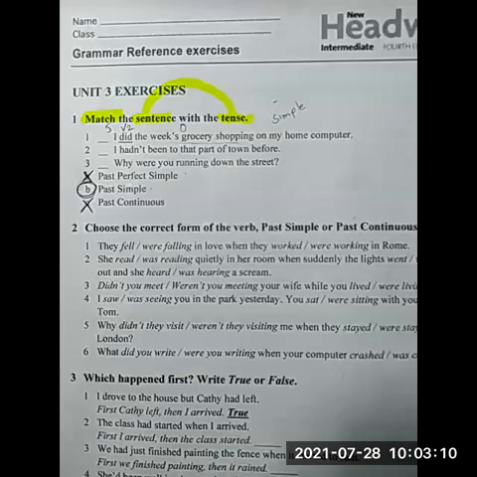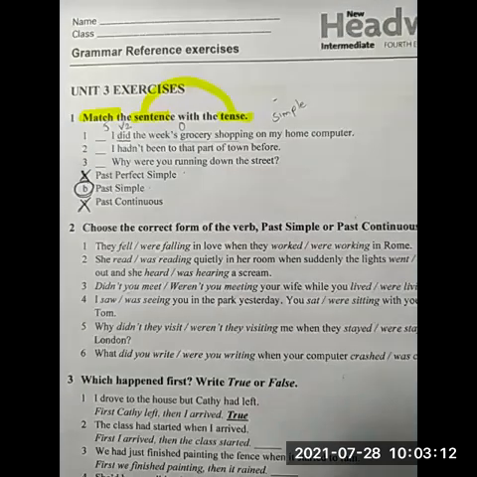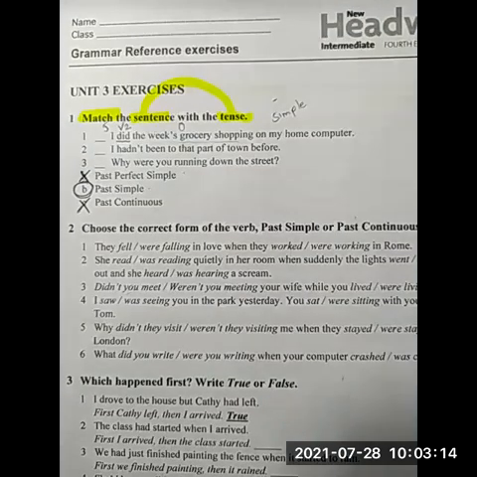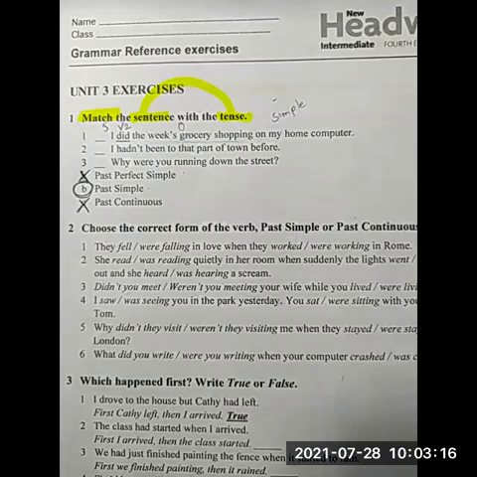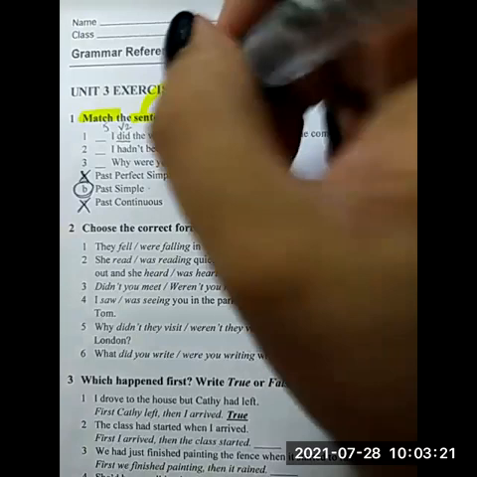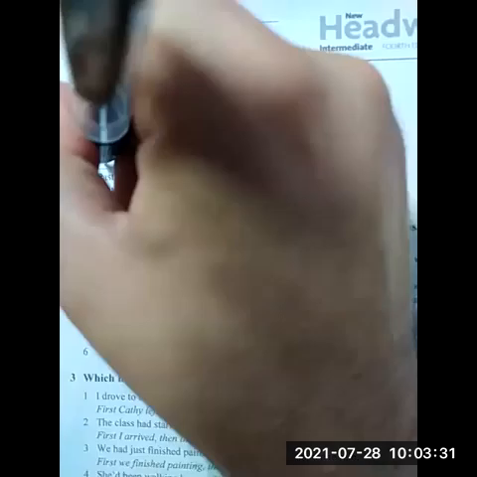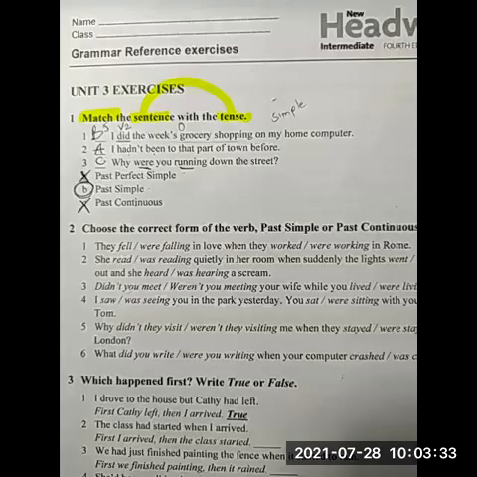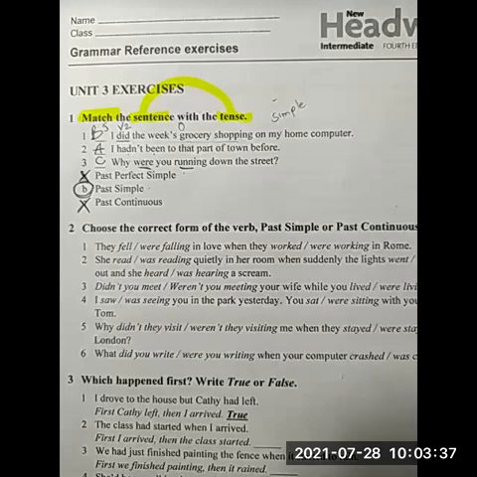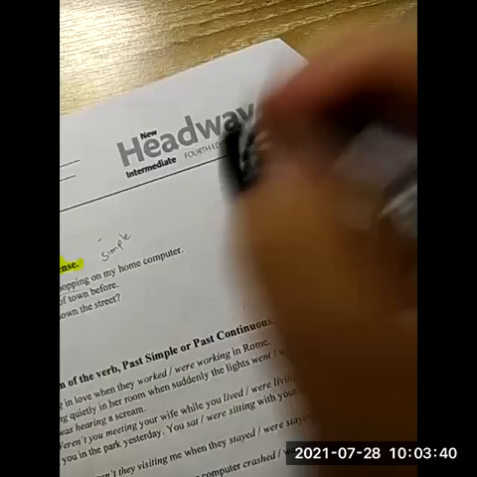Okay, next one. I hadn't been, had not been. So that will be perfect tense. So this is going to be B. This is my perfect, had plus past participle. And to be plus verb ing will be my continuous tense. So to review, we have simple. Simple uses verb 1 or verb 2.